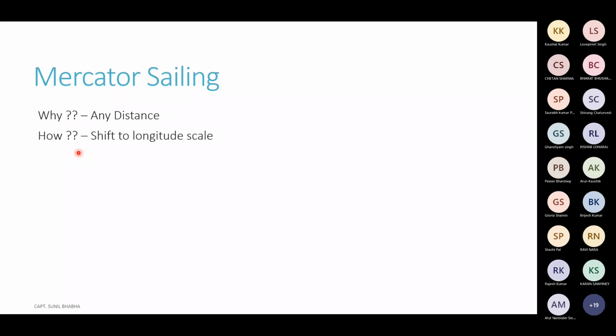Now the second question is, how do we solve the problem using Mercator sailing? To understand it very simply, whenever we use trigonometry, solving a right angle triangle, we have to have the three sides of the triangle measured in the same units.